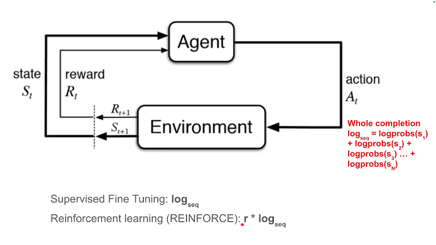So reinforcement learning is basically a reward weighted supervised fine tuning, and this reward is given by the environment, a reward model, or it can be a verifiable reward. Like if you're doing code completions, it can be how many test cases pass, or in math, if you have the ground truth.